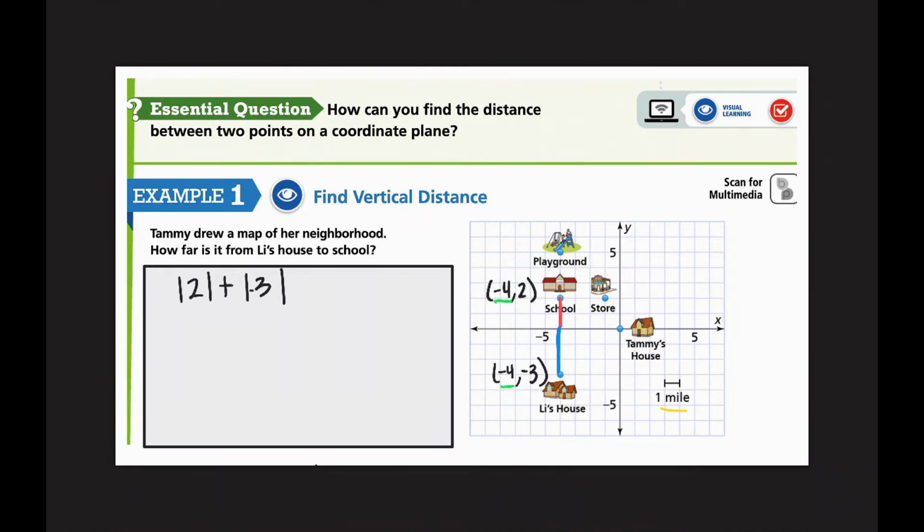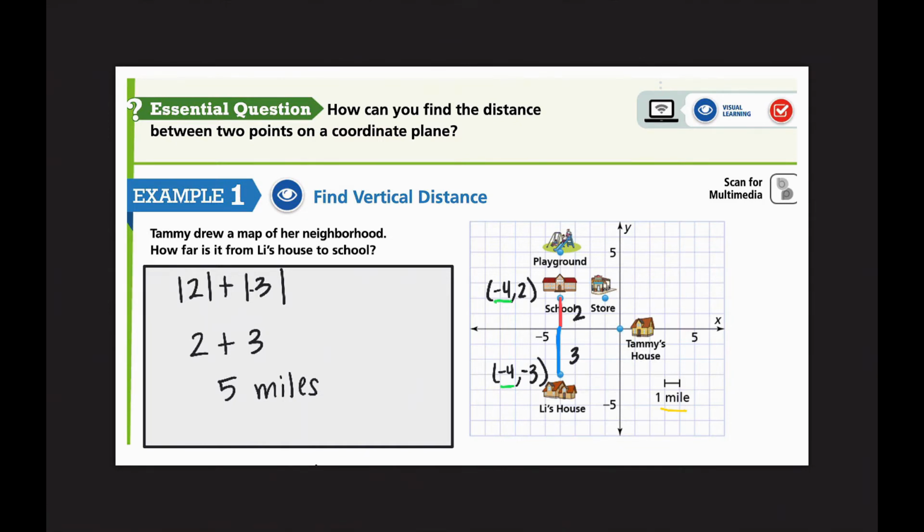Because that's our y value. So let's see. The absolute value of 2 is 2, plus the absolute value of -3 is 3. So we would end up with 5 miles. And we can see that here because this is 3 and this is 2. If I put those together, I get 5.